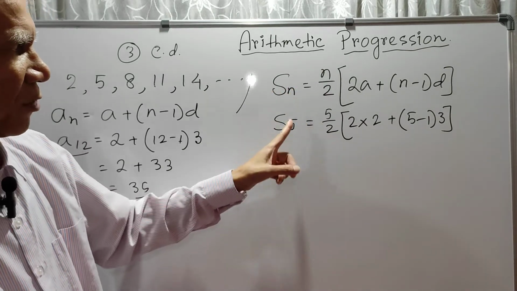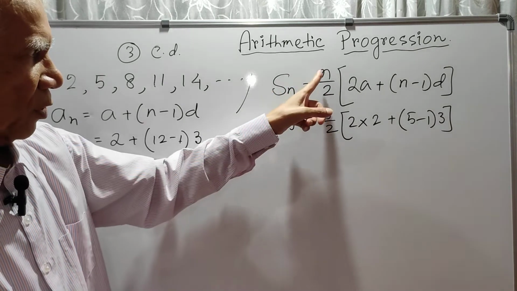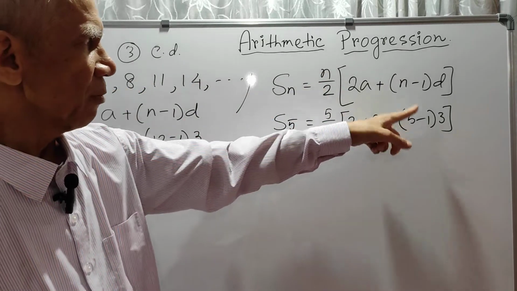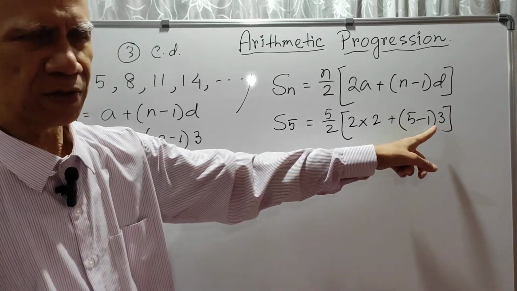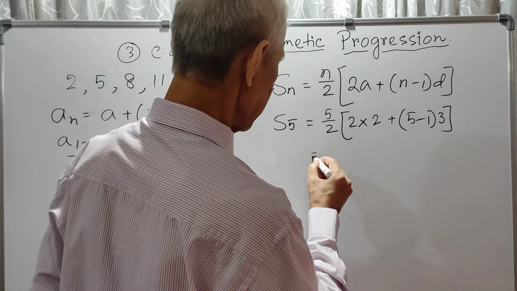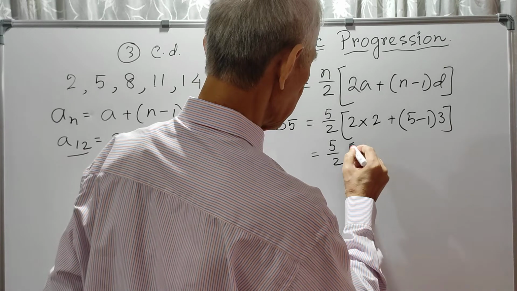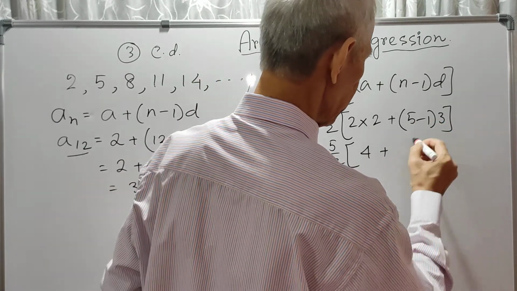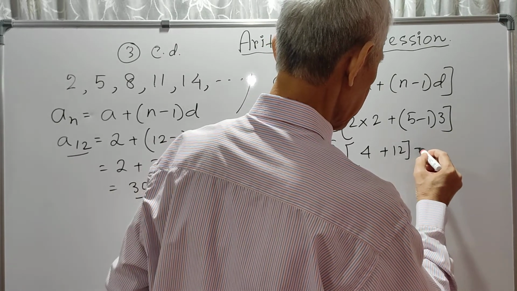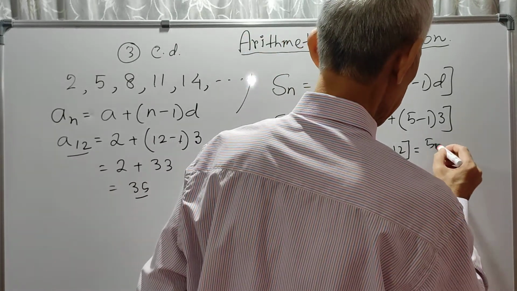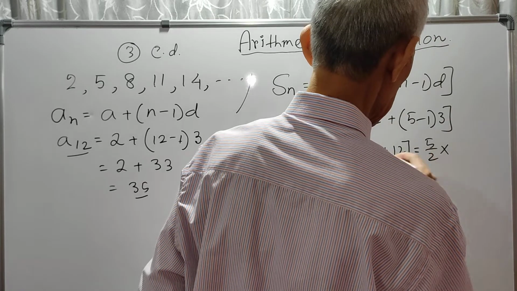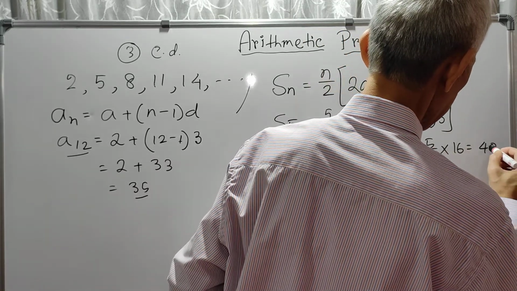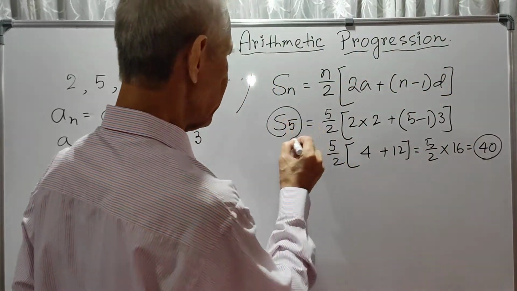So, we are going to find out the sum of 5 terms. 5 by 2, 2 into 2, 4, plus 5 minus 1, 4, 4 into 3, 12. That means 5 by 2 into 16. That means 40. So, 40 is the sum of 5 terms.